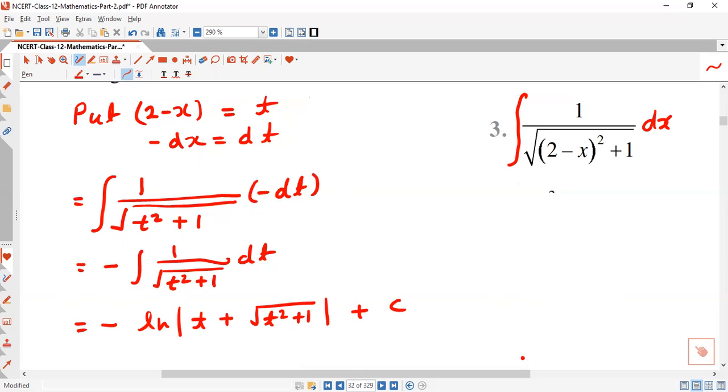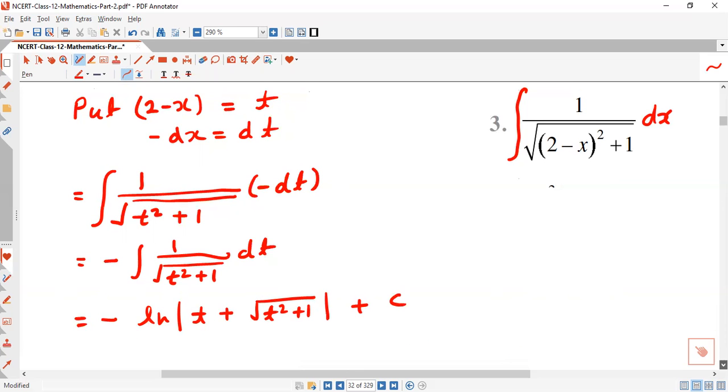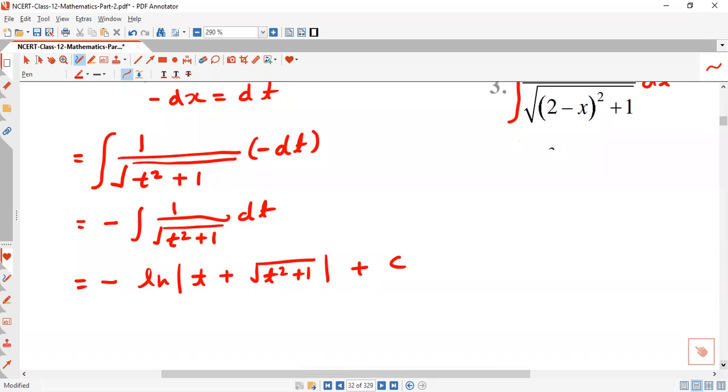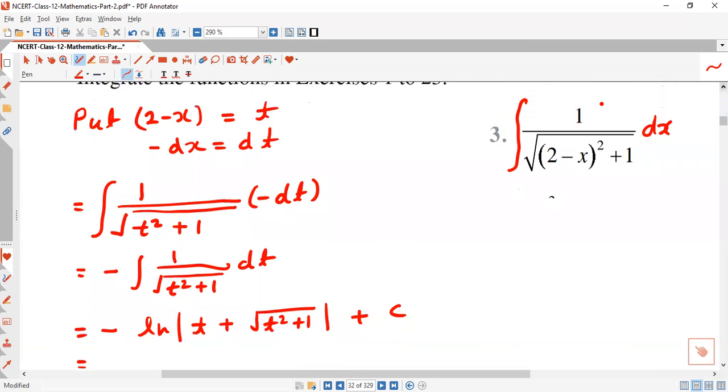For formulas, you can watch my videos on the integration formulas. Minus, now put the value of t. We have taken t equal to 2 minus x.